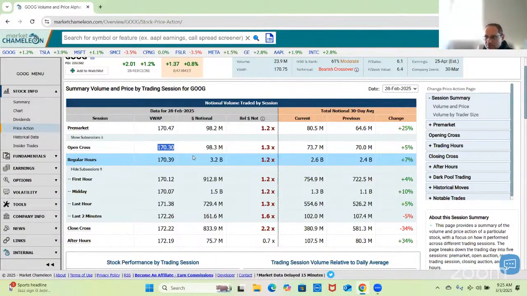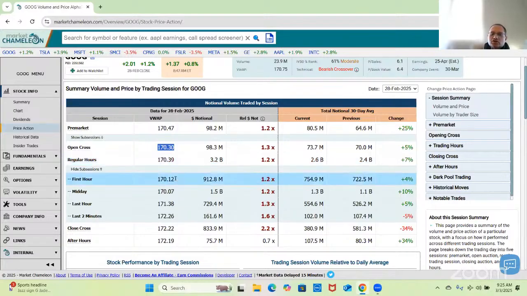They call it gapping up, right? Gap up, take all the stock, take out all the resistance and liquidity, and keep going. So that's what we're looking for in the first hour: what happens after that opening cross? Okay, and we also keep track of the amount of dollar value trading versus typical.